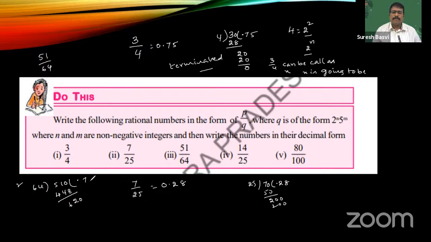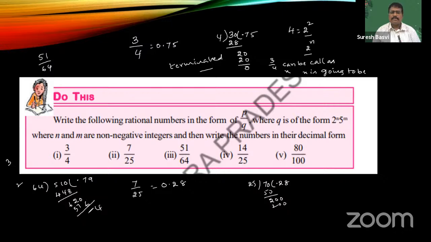Next 64 9s. 9 4s are 36, 9 4s are 36, 0.28, that's it. So 9 4s are 36, 9 6s are 54, 3 is 57.